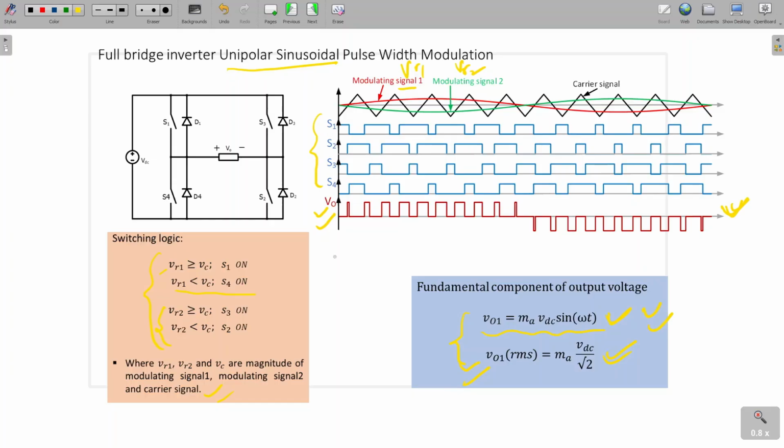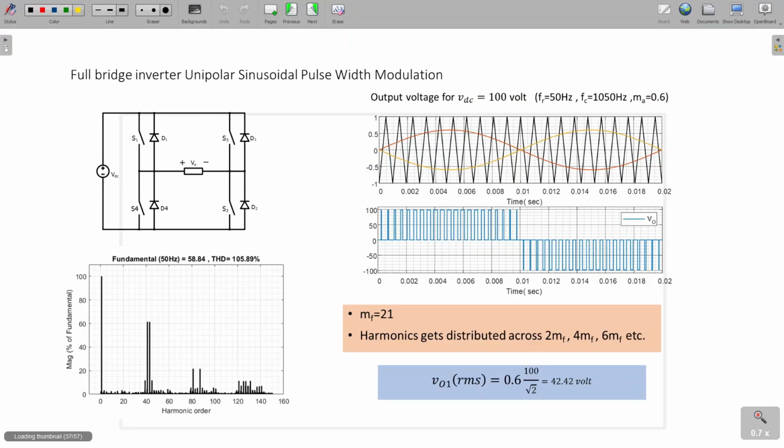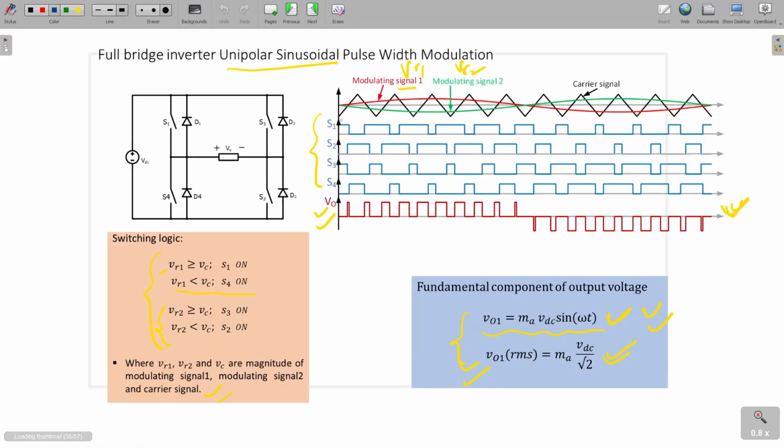Okay, so I have done the same thing here also. This part I have also simulated. Here one thing is that previously our harmonics were getting concentrated around MF. But what is happening here is that some subtraction is happening across the pole voltage.